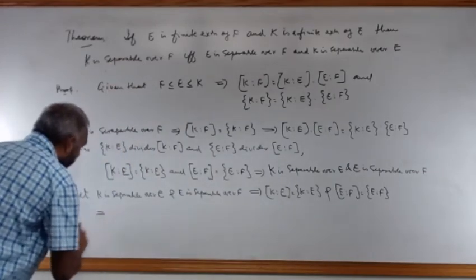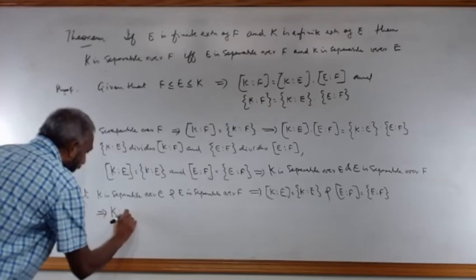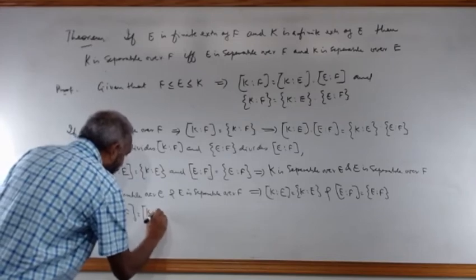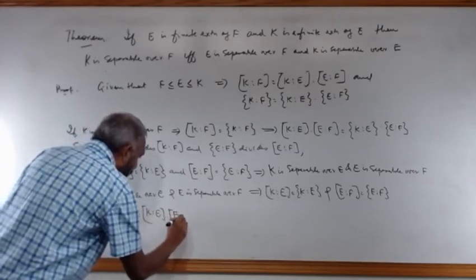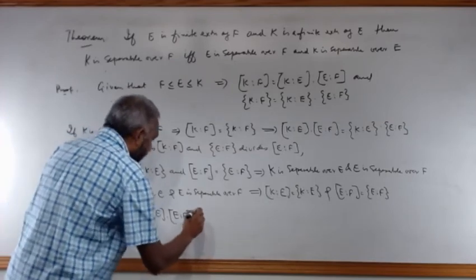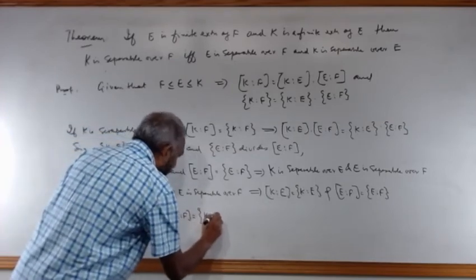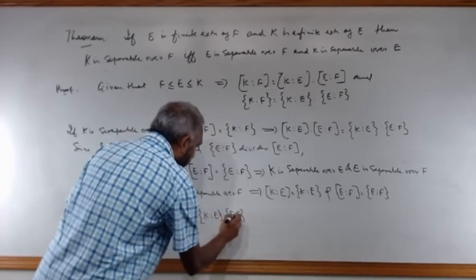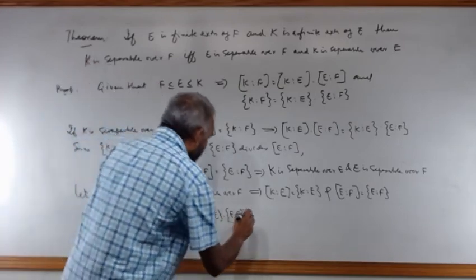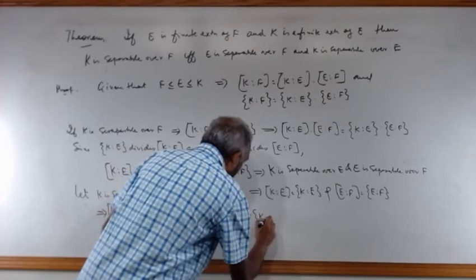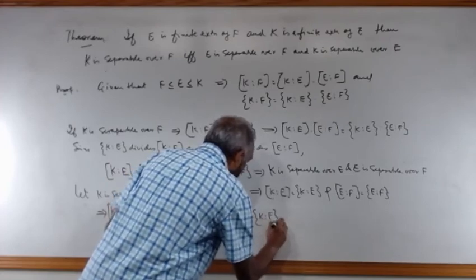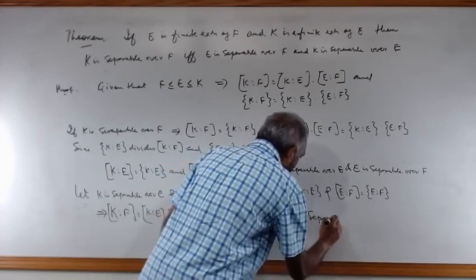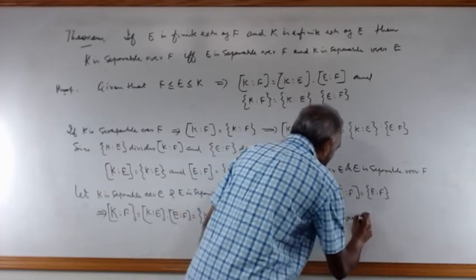And that implies [K:F] is equal to [K:E][E:F], which is equal to {K:E}{E:F}, and that is nothing but the index {K:F}, and that implies K is separable over F.